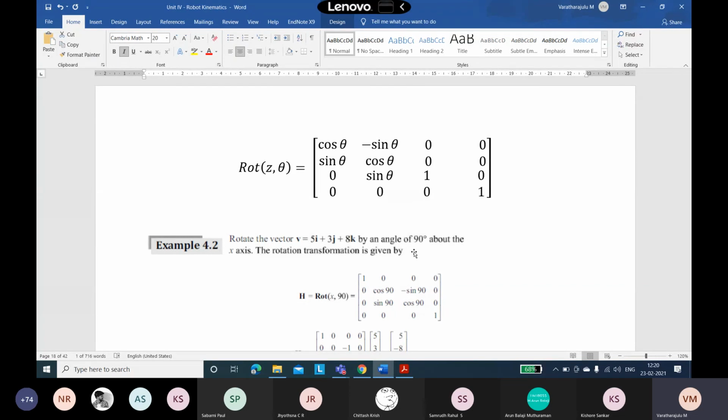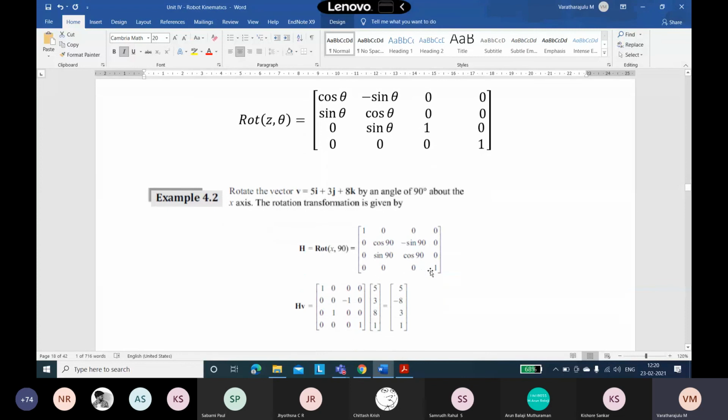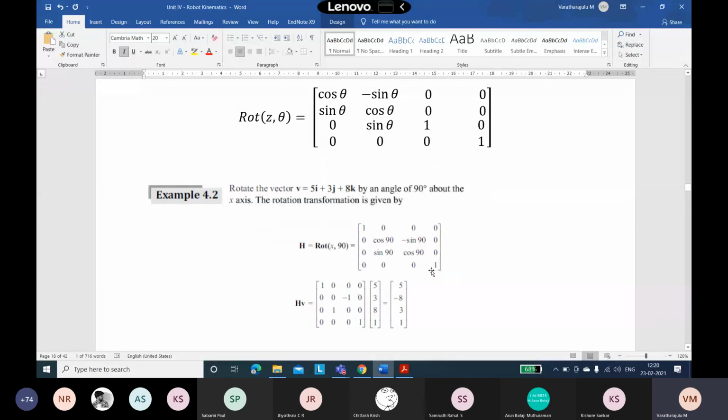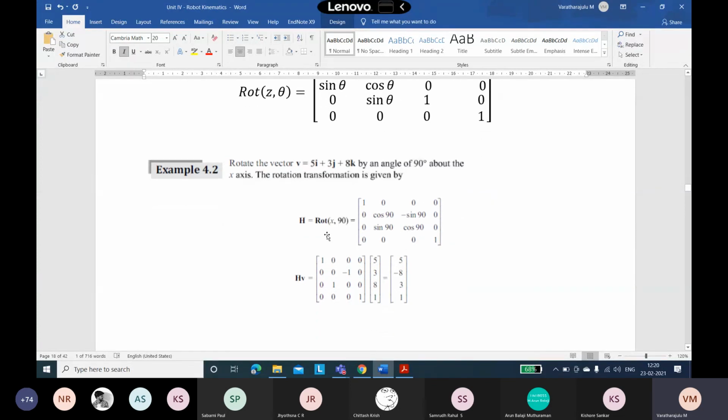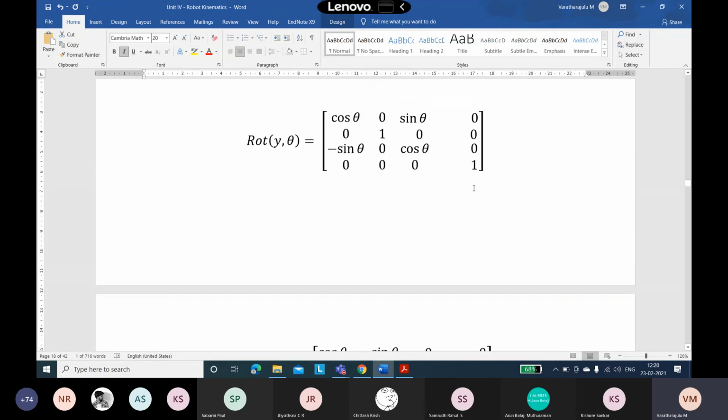Yes, we'll solve one more problem. Already it is 12:20, and please make a note of this problem number 2. It has only 2 steps. Rotate the vector v equal to 5i plus 3j plus 2k by an angle of 90 degrees about the x-axis, and that is the rotation transformation. There we are concerned with the translation transformation.